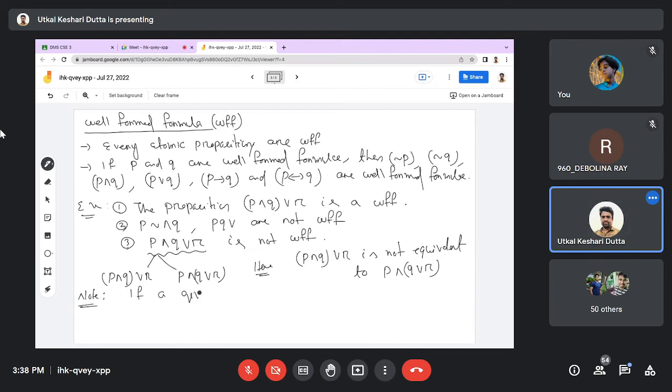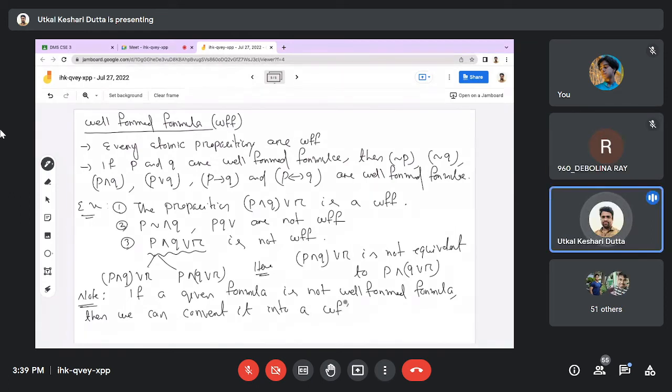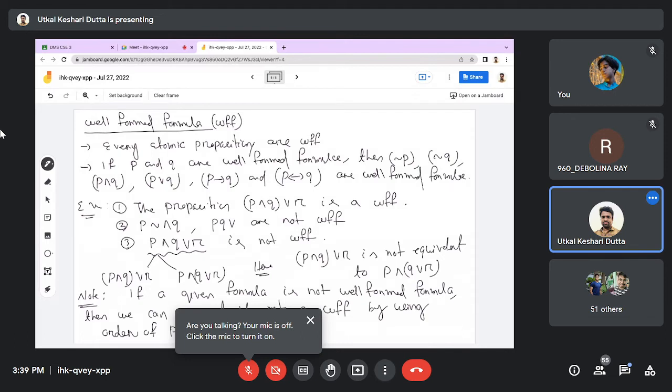If a given formula is not a well-formed formula, then we can convert it into a well-formed formula by using the order of precedence of the connectives or logical operators.